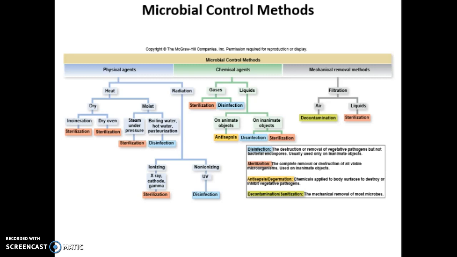With mechanical removal, here we're talking about filtration. You can filter the air, you can filter liquids. With liquids, you're able to achieve sterilization, which remember is the complete removal or destruction of all viable microorganisms, including endospores. Decontamination is the mechanical removal of most microbes. So, it's a step down.